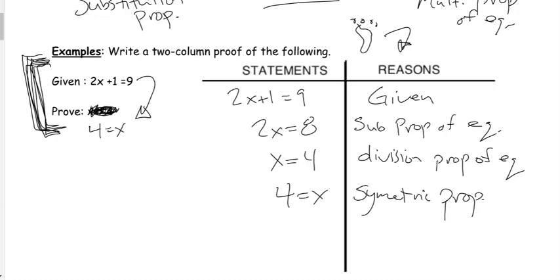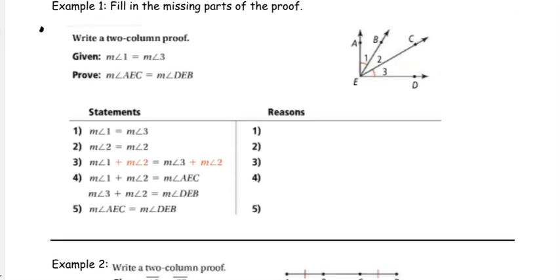Okay, here's the big boy stuff. There we go. So if we're looking at this, this is an example of a real geometry proof. If we knew that the measure of 1 equals 3, then prove that AEC, this one, equals this one.